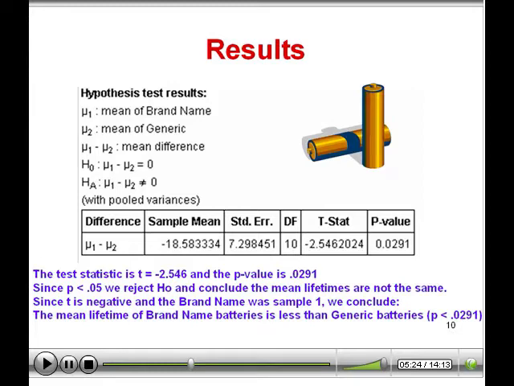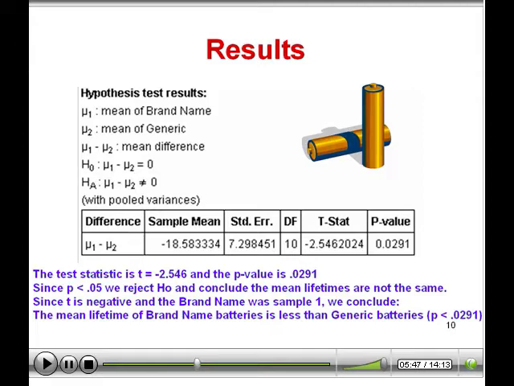To do this, we look at the sign of the test statistic. It is negative because the sample mean difference was negative. We decided to call sample 1 the brand name batteries and sample 2 the generic batteries. So the difference between brand name minus generic is negative.